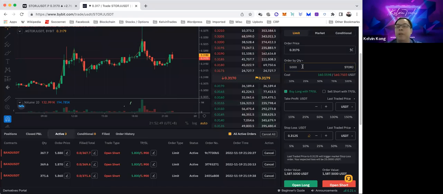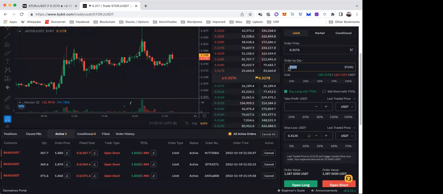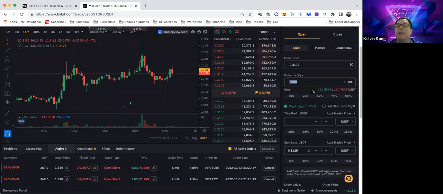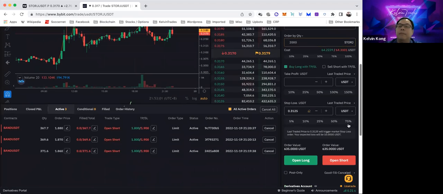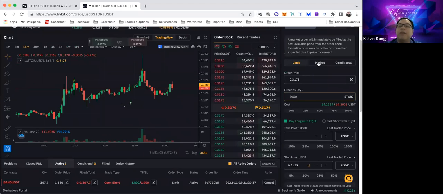I'm going to break it and ladder up. But the first market order is one third of your entry. Probably I'm going to put like 2,000. Okay, so I'm going to long it. Let's use market order.